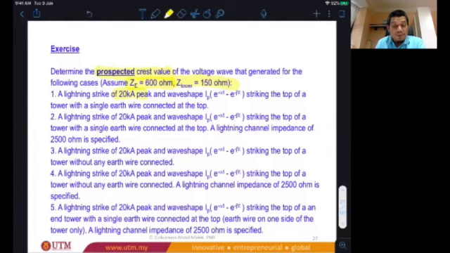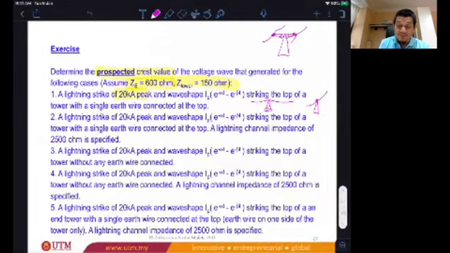It strikes the top of the tower with a single earth wire connected at the top. So what it means here is you have a tower, you have a single earth wire. Because sometimes a tower can be like this: you can have 2 earth wires on cross arms, on the left as well as on the right. So you can have 2 earth wires or a single earth wire. In this case, only a single earth wire.